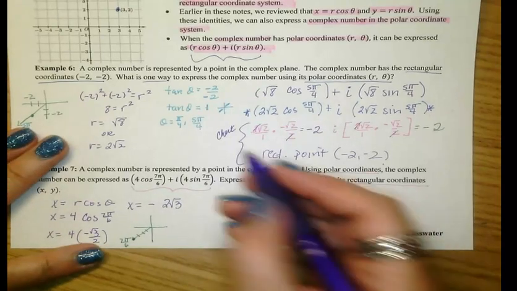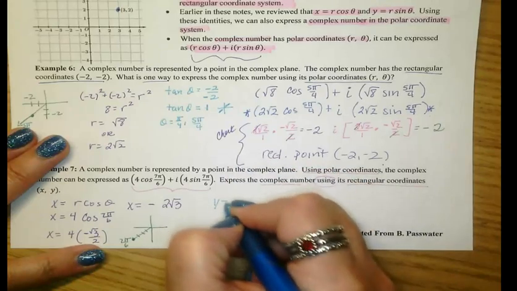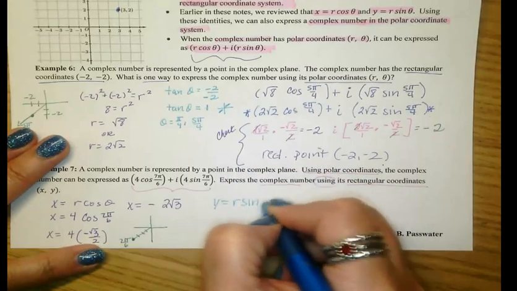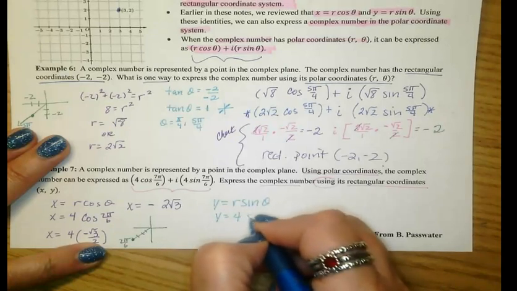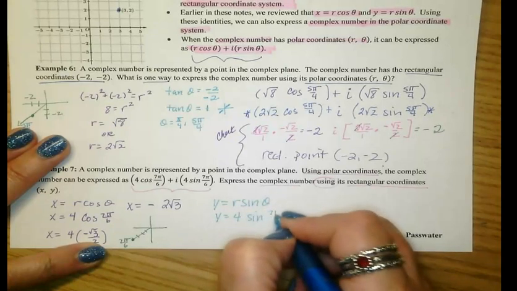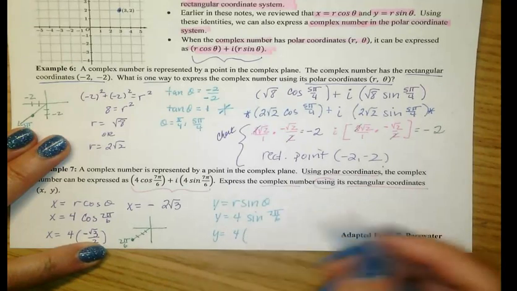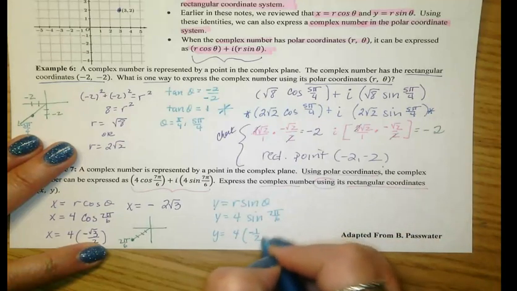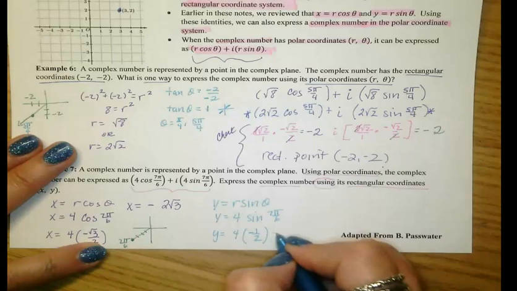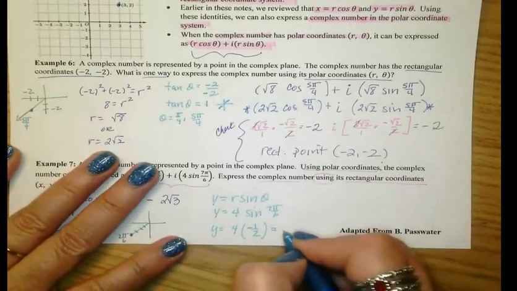Then to find the y, I would say y equals r sine theta. So then y is going to equal 4 sine of 7 pi over 6. And we know that y equals 4 times, and the sine of 7 pi over 6 is negative 1/2, which I'm running out of room here, so I'm going to do my negative 2 right here.